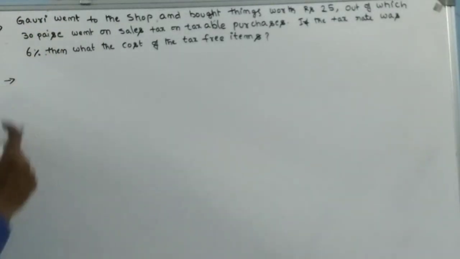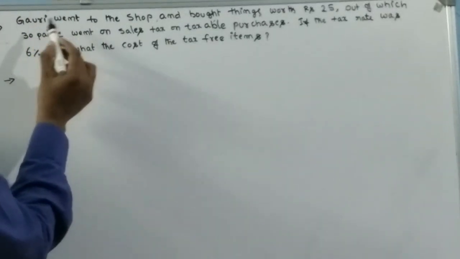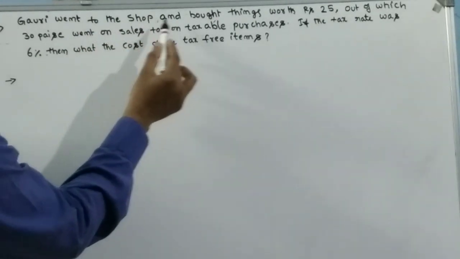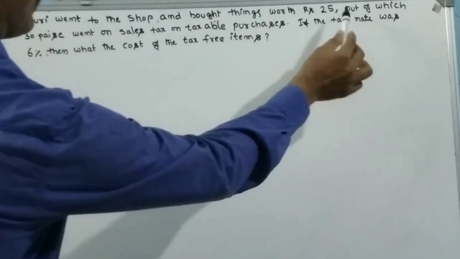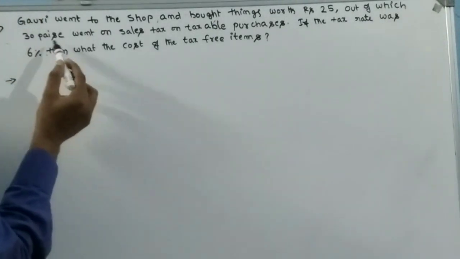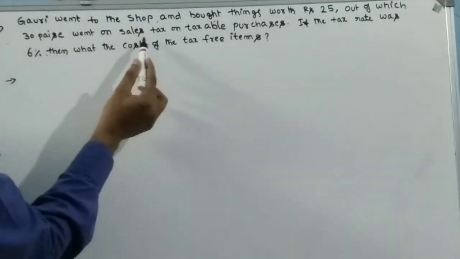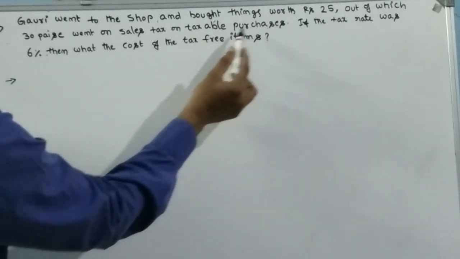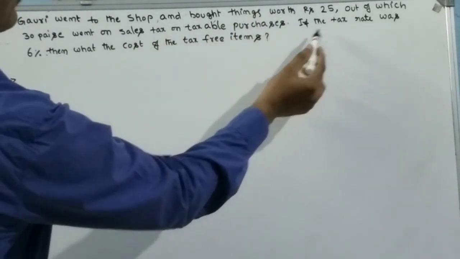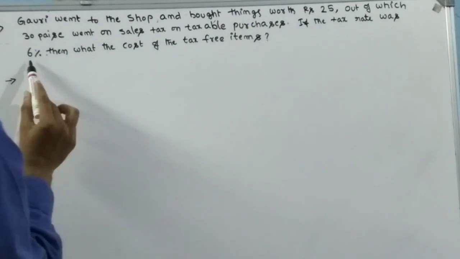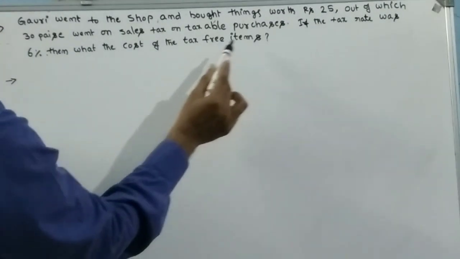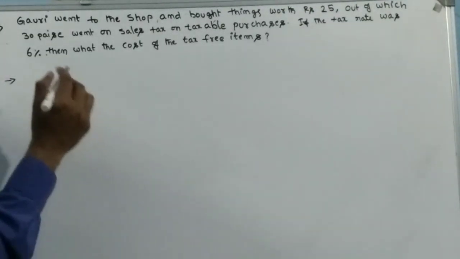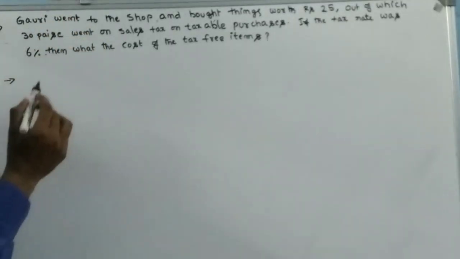Now we will move to another problem. Gauri went to the shop and bought things worth rupees 25, out of which 30 paise went on sales tax on the taxable purchases. If the tax rate was 6%, then what is the cost of the tax-free items? See friends, again we will go to the problem.